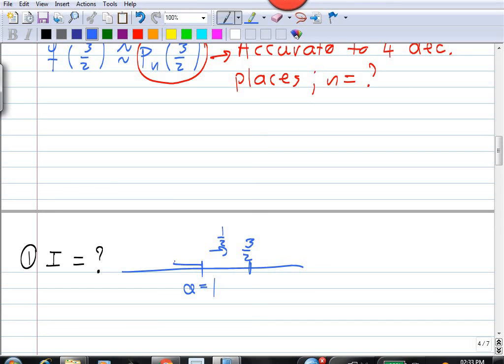So we should move 1/2 that way, ending at 1/2. Right? So this should be our interval. Remember, we always take the smallest possible interval we can, because the closer you are to a, the better your approximations tend to be. So we need to take our interval I as 1/2 up to 3 over 2.